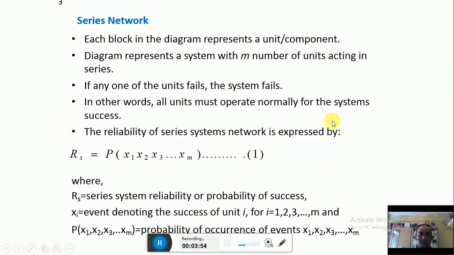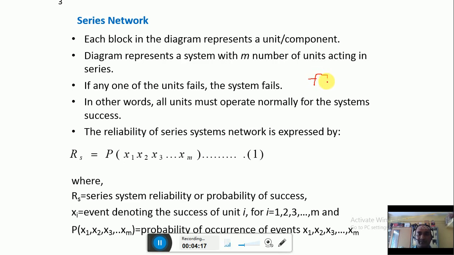So we discussed that we can have a series network, we can have a parallel network, or we can have a combination of these two. Now what is a series network and how are these components connected to each other, or how to draw the series network when you calculate the system reliability when the components are in series.